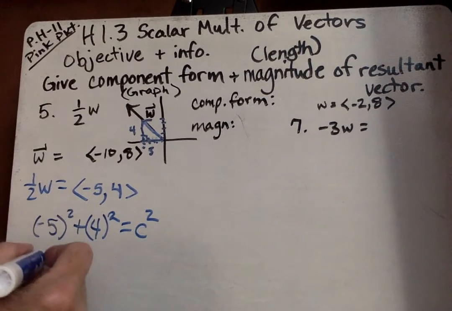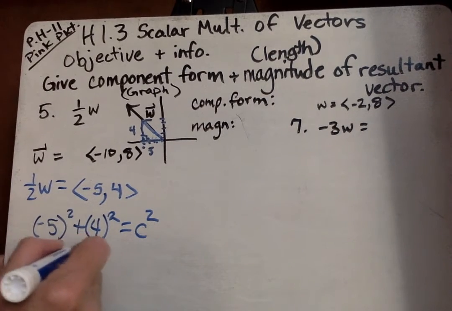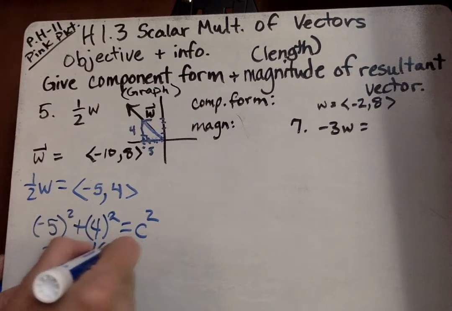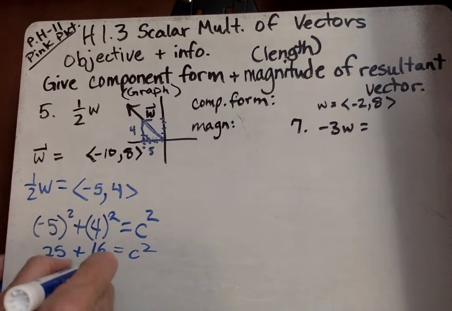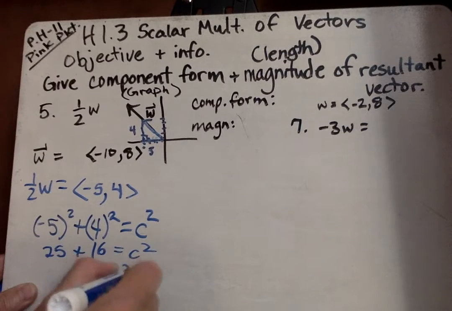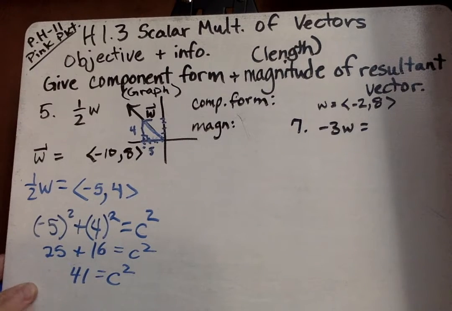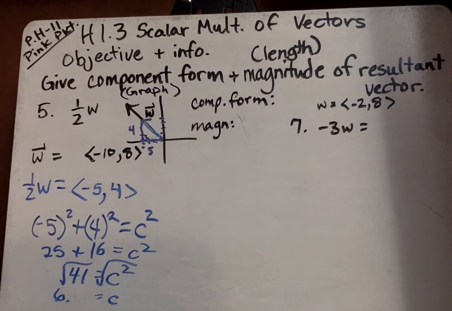Okay, so -5 squared is 25 plus 16 equals c squared. Add those together and I get 41. And then I take the square root of each side to solve for c. And it's going to be 6 point something.